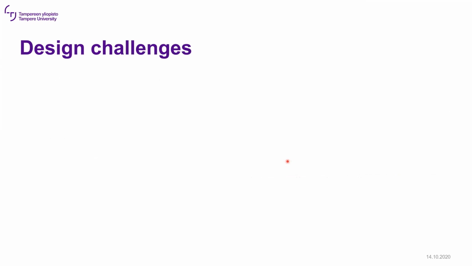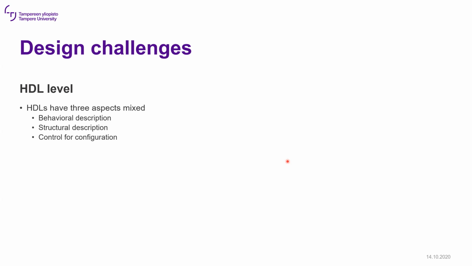So if we look at the design challenges in this more traditional hardware description language driven design flow, I've divided it here for two levels. So on the design level, on the module and the lower level, we found out that the HDLs mix three aspects of the design. So there's behavior, there's structure, and there's control for configuration.